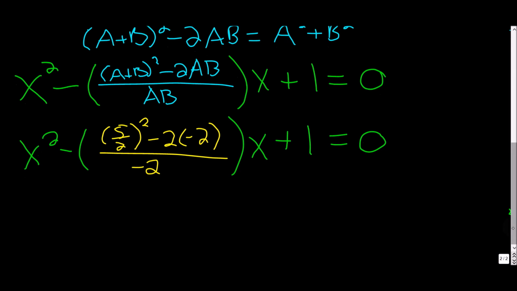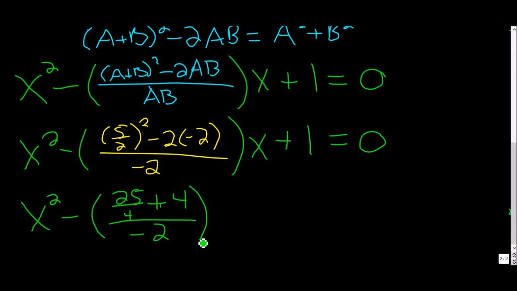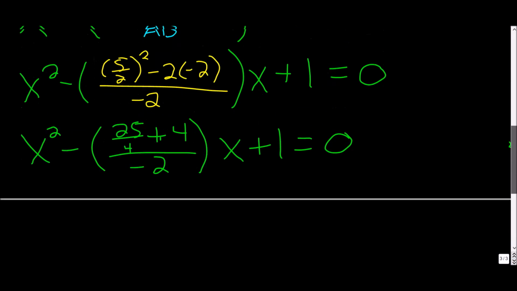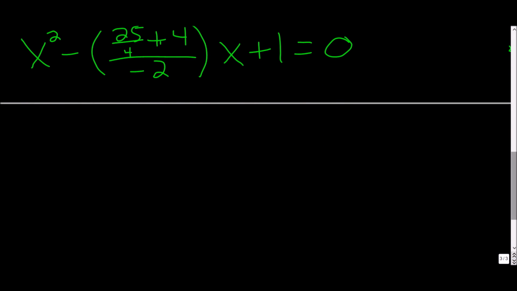So we have x squared minus, 5 halves squared is 25 fourths, and then we have plus 4, all divided by negative 2. We close by simplifying this. We have 25 fourths plus 4. 4 is 16 fourths, so this is 41 over 4, over negative 2.